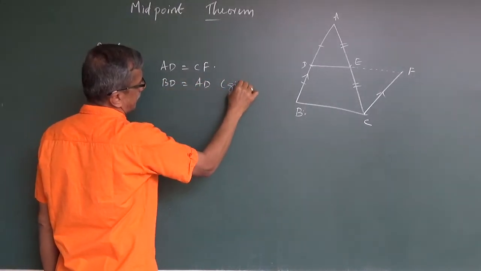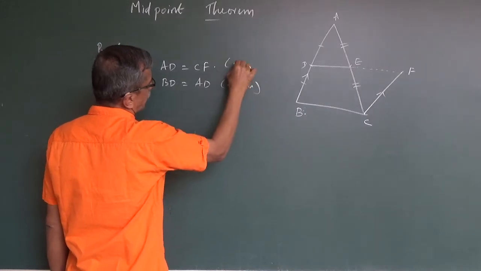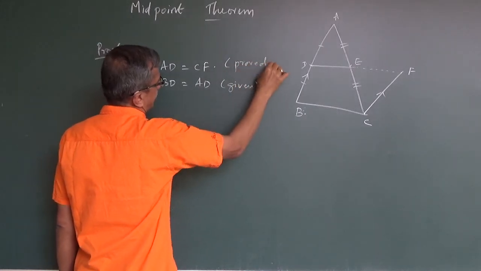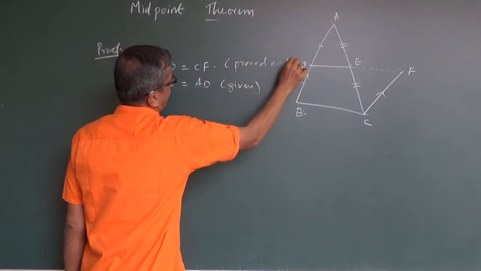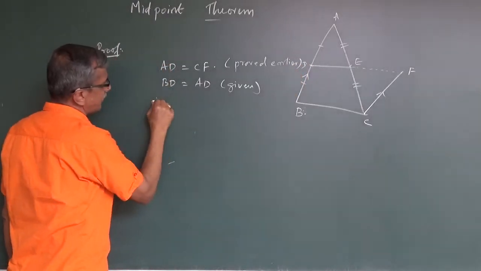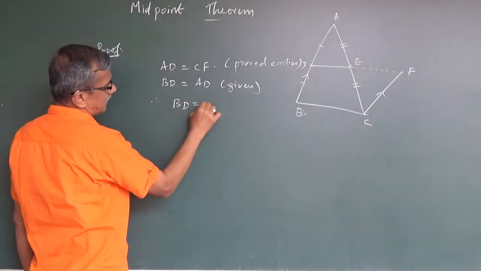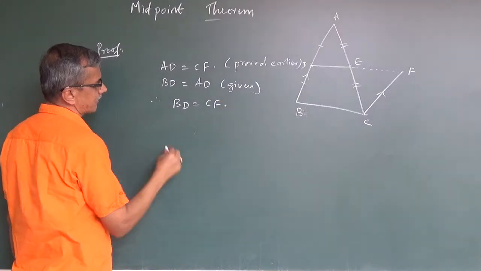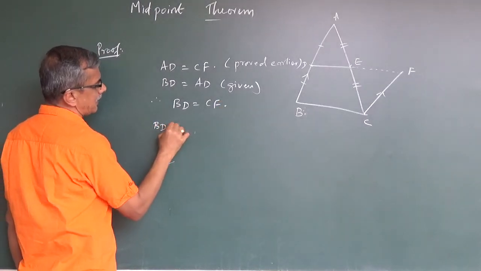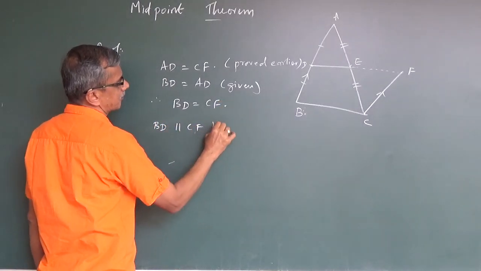This is given, and the other was proved earlier. Therefore, BD and CF are equal. Therefore, BD is equal to CF. And BD is parallel to CF by construction.